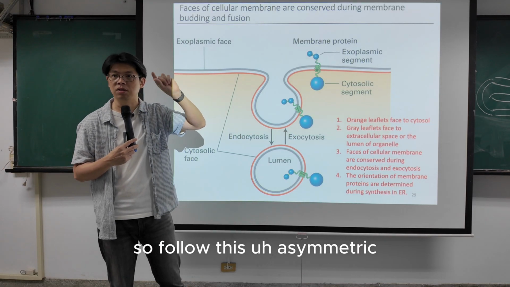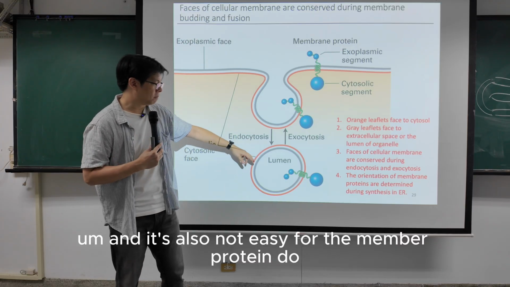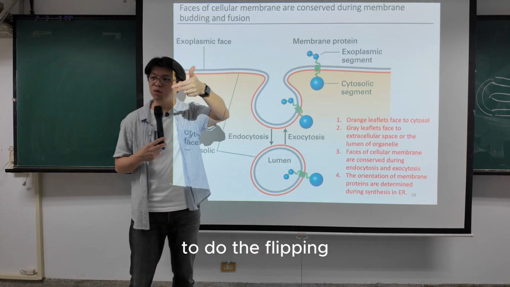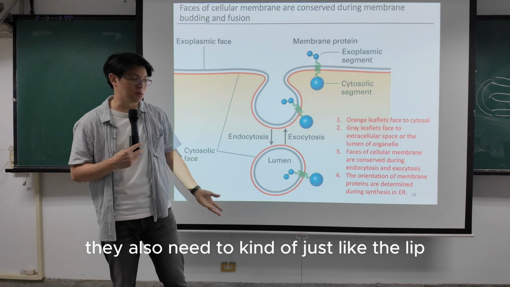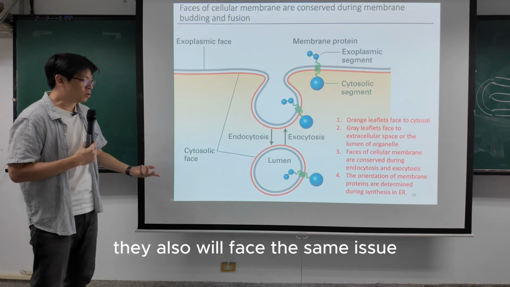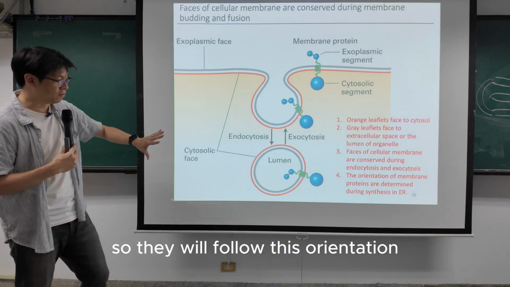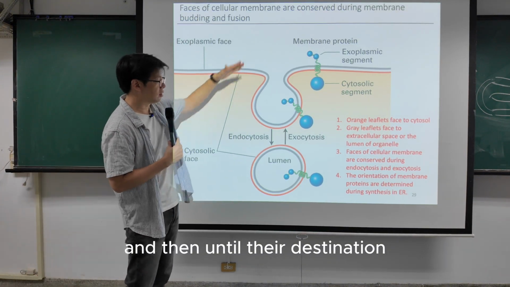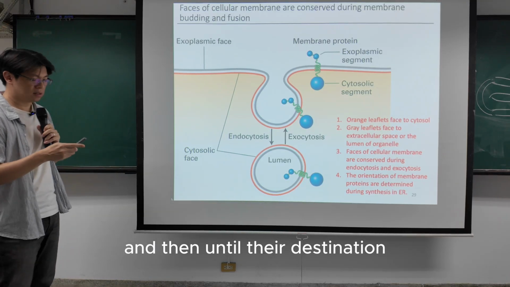So they follow this asymmetry. It's also not easy for the membrane protein to do the flipping. They face the same issue as the lipid, so they follow this orientation without any other energy until they reach their destination.